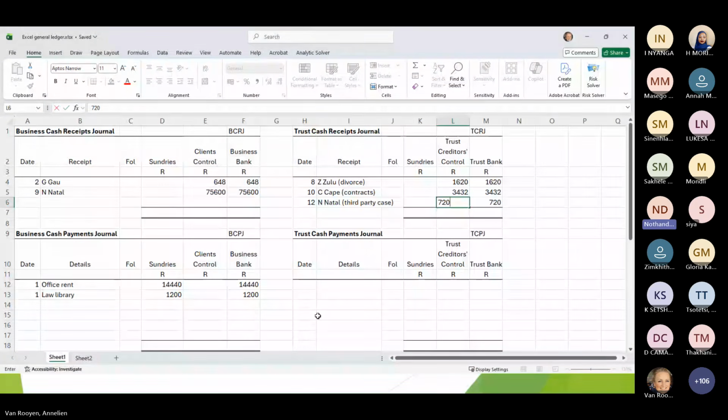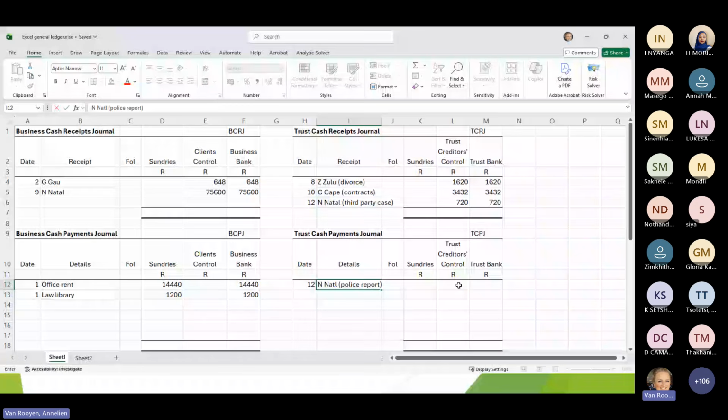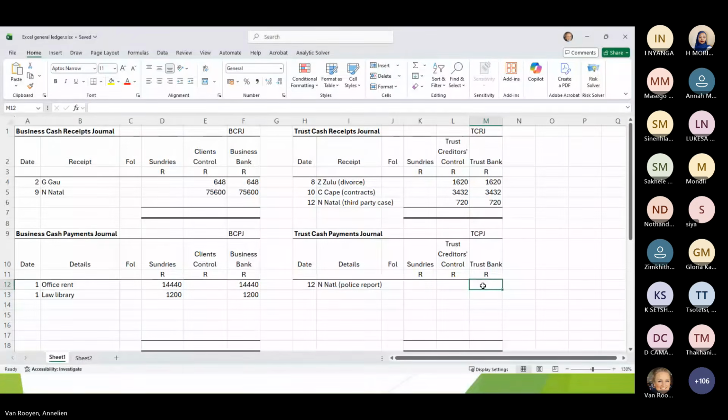Trust cash payments. Everybody okay with that? Good. Police report, 60 Rand, and it's a trust creditor.